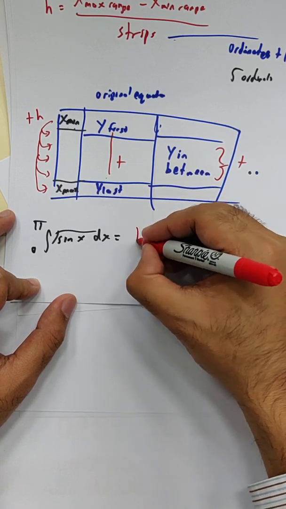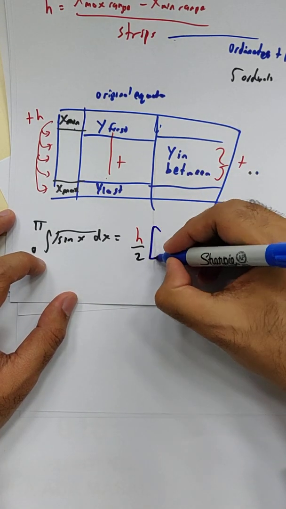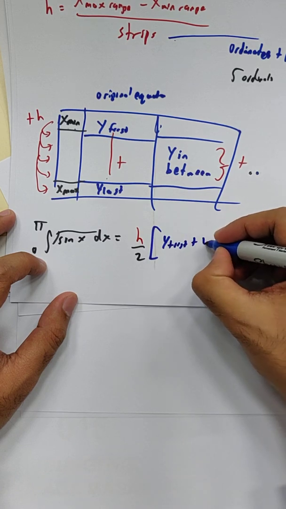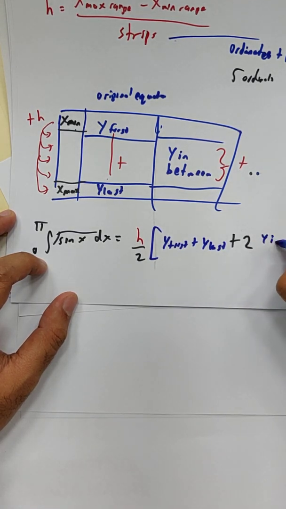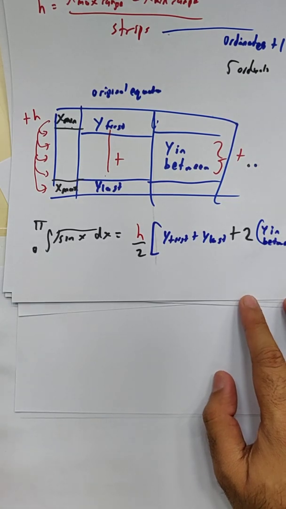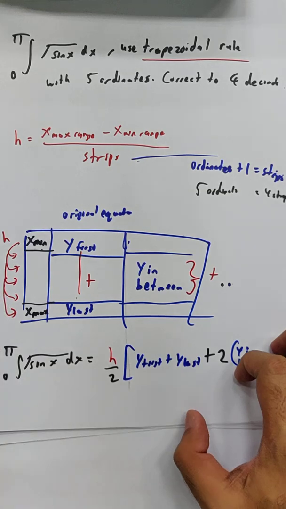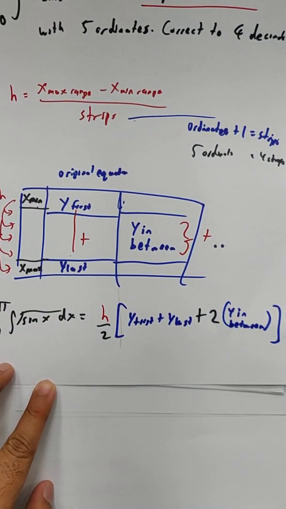This will be h over 2, y first plus y last plus 2 y in between. Okay, good luck. Those are all the formulas that you need. On your own.